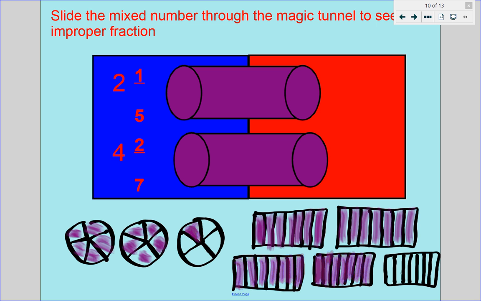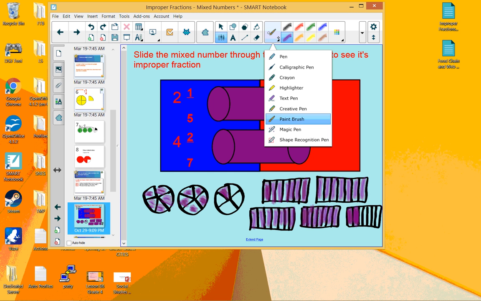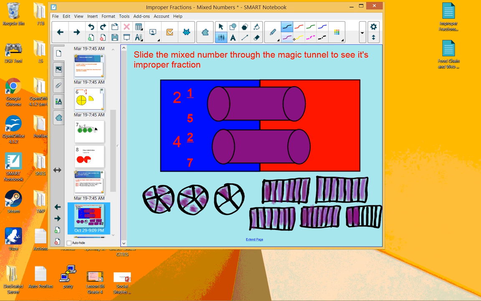Okay, and then I need 2 pieces more over here. Okay. So now what I want to look at is how much do I actually have?